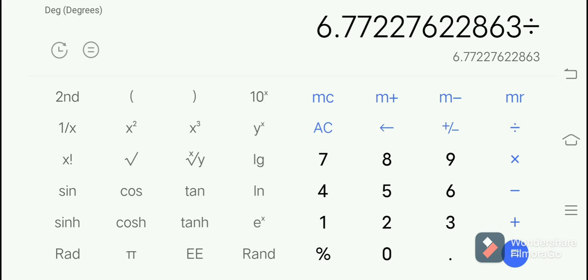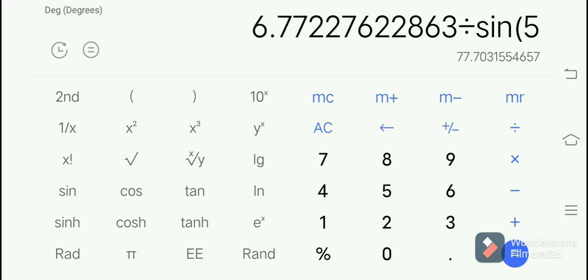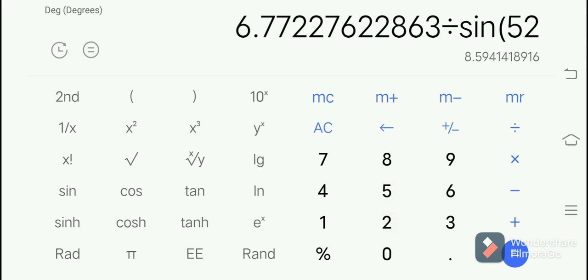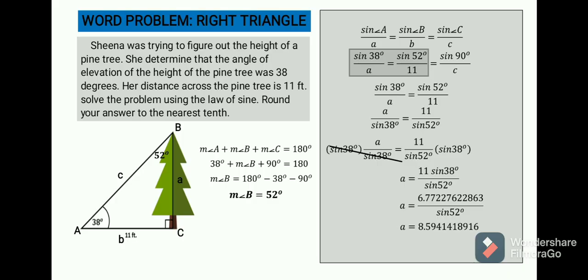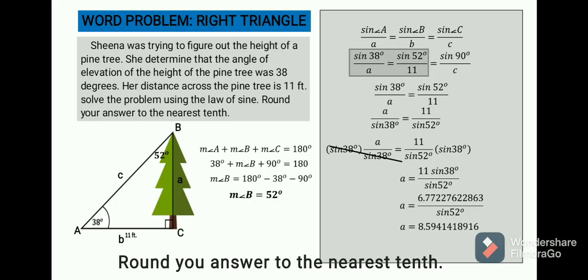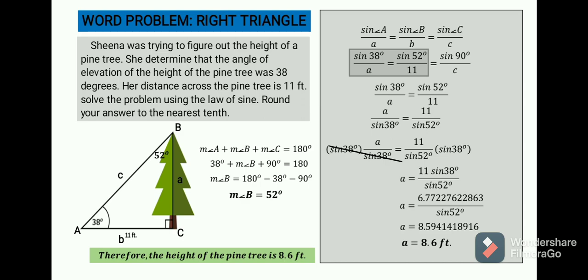Then divide by sine 52, then tap the equal button. The result is 8.5941418916. Then round your answer to the nearest tenth. So a is equal to 8.6 feet. Therefore, the height of the pine tree is 8.6 feet.